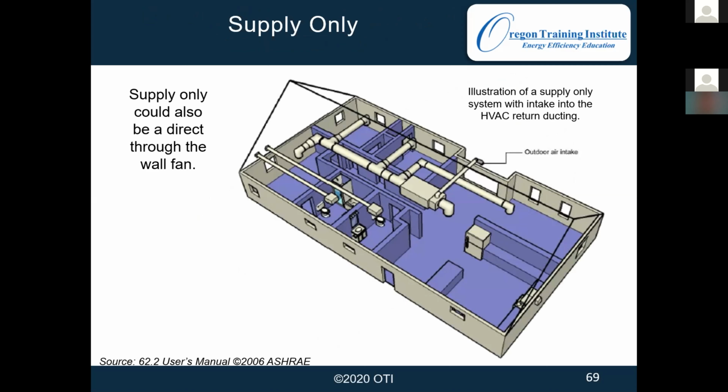This can be really useful in trying to correct pressure balancing issues, when the furnace is creating too much negative pressure in the house and can even backdraft the furnace, the water heater, wood stove, fireplace, whatever they might have.